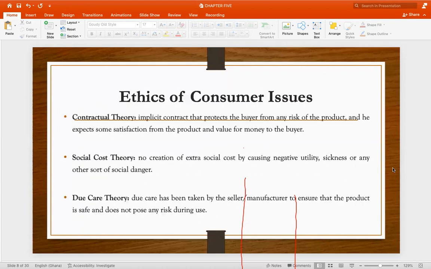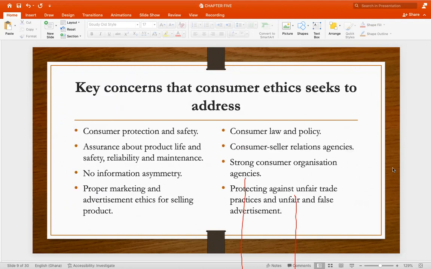Now there is an obligation on sellers to do that which is right. It is not just about the buyer being aware, but the seller, first and foremost, owes it as a contract to provide products that are of good quality. If you go through these three theories, you understand why the burden has almost shifted from the buyer to the seller or the manufacturer.